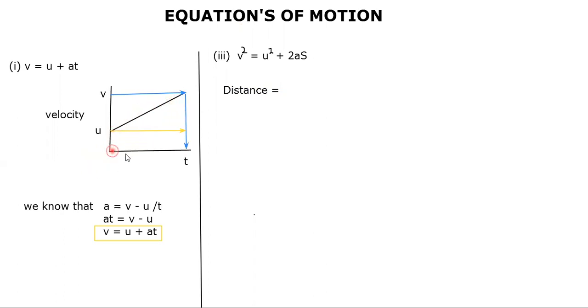So to find the distance, you can use the area of a trapezium. Area of trapezium is half sum of parallel sides into height. This you must have learned in maths also in class 8th.